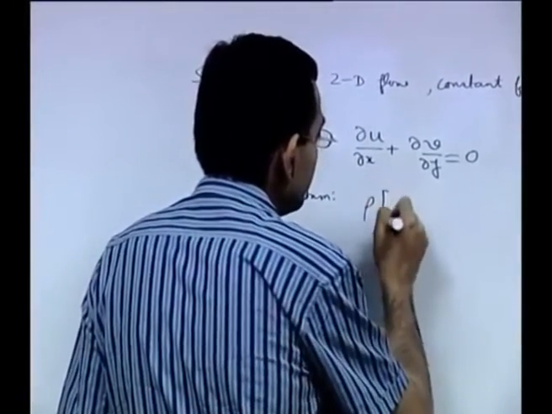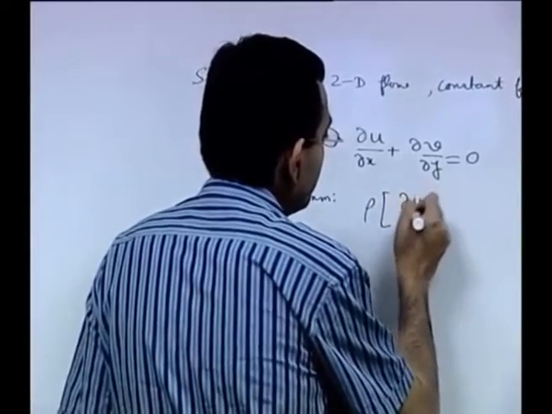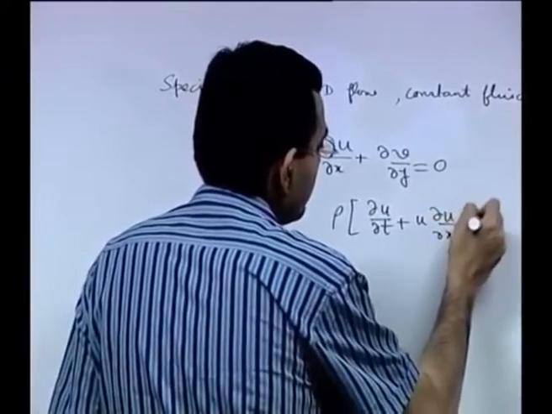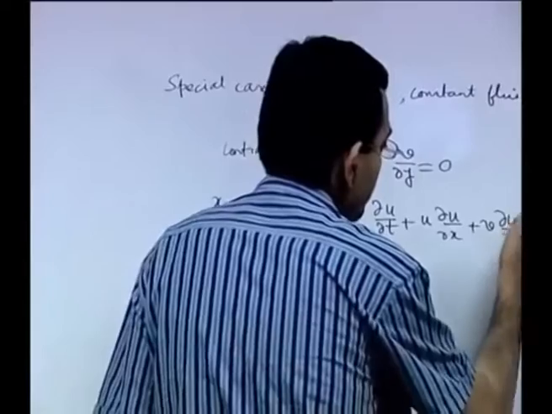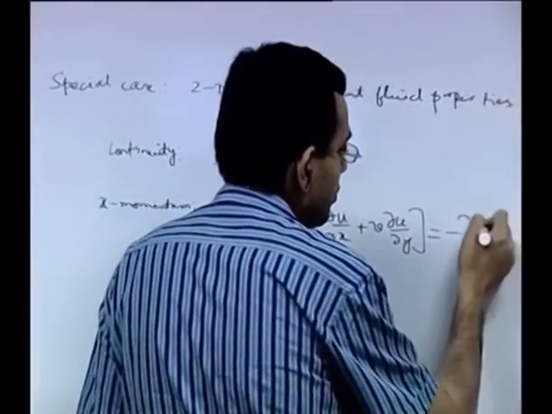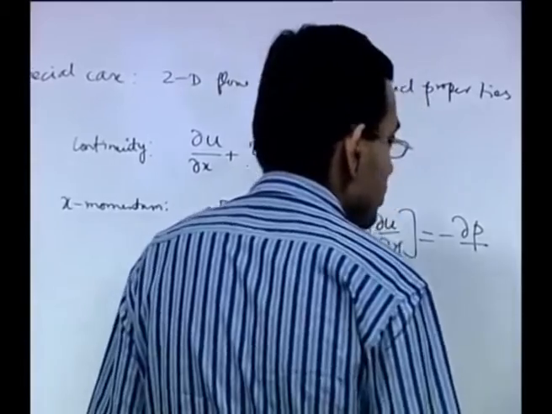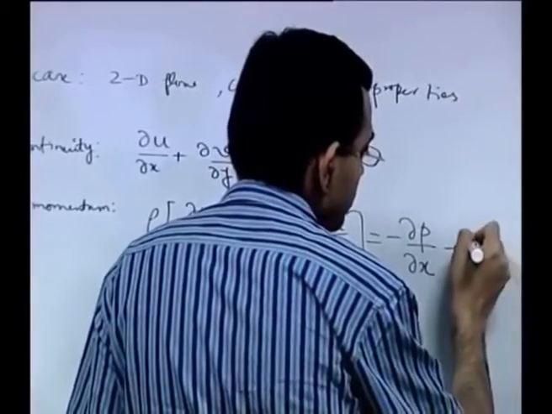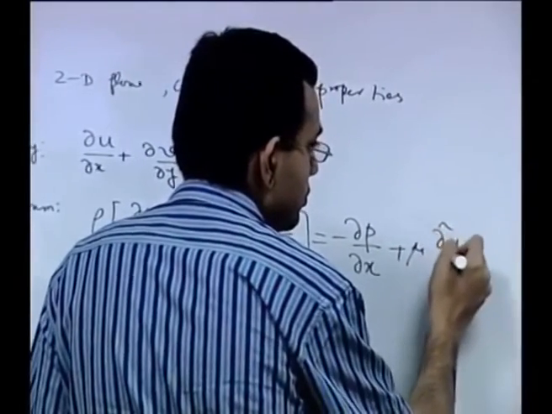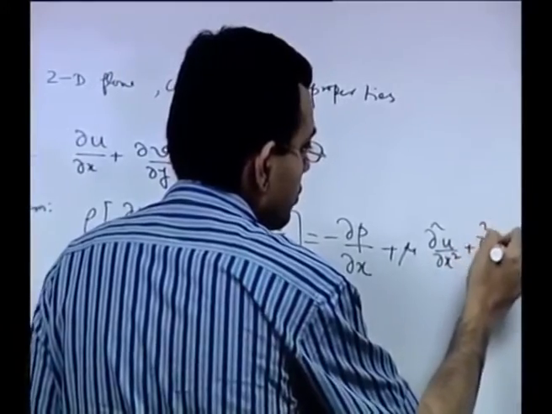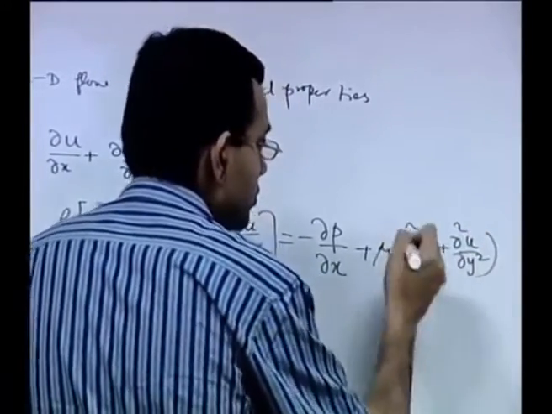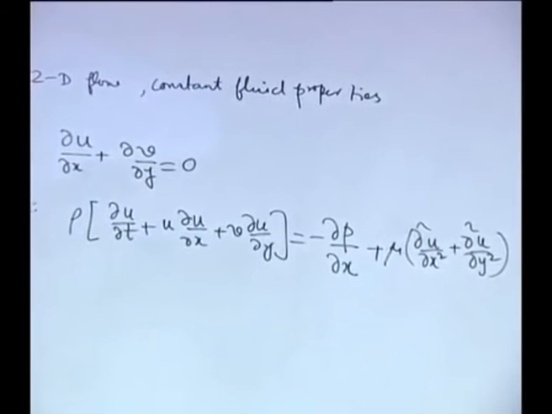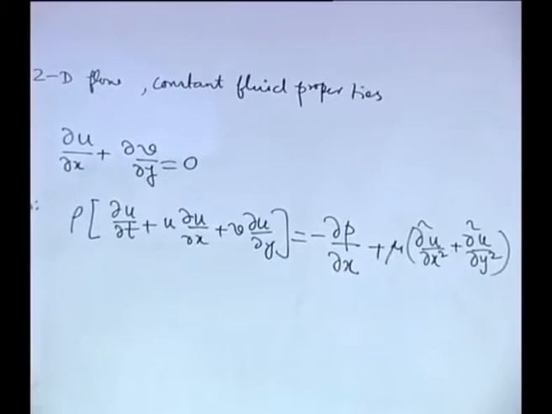So rho ... this is the x momentum equation, and similarly the y momentum equation.